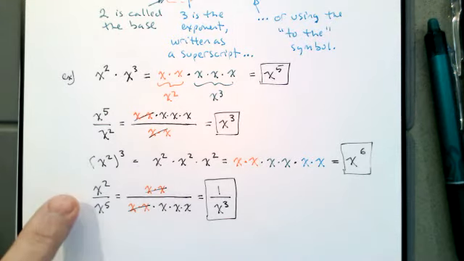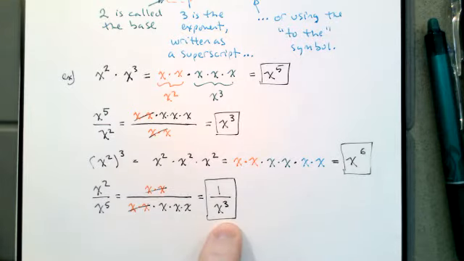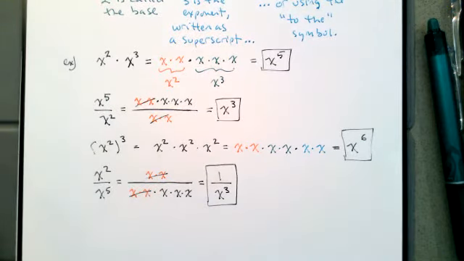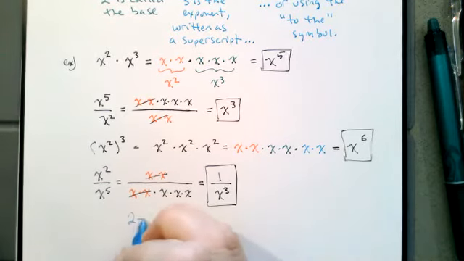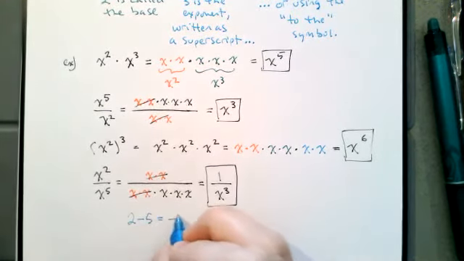When we have x squared over x to the 5th, we kind of did the same thing. 5 minus 2 is 3, but the bigger number was in the denominator. We could also subtract 2 minus 5. If I look at x squared over x to the 5th and I just subtract 2 minus 5, 2 minus 5 is negative 3.